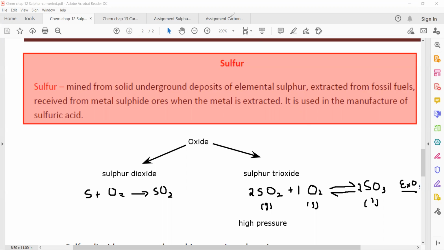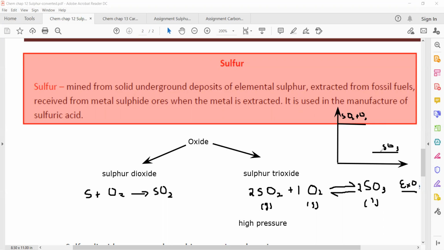So for exothermic reactions, when we make an energy profile diagram, the reactants have high energy whereas the product has low energy. So sulfur dioxide is reacting with oxygen, forming sulfur trioxide.